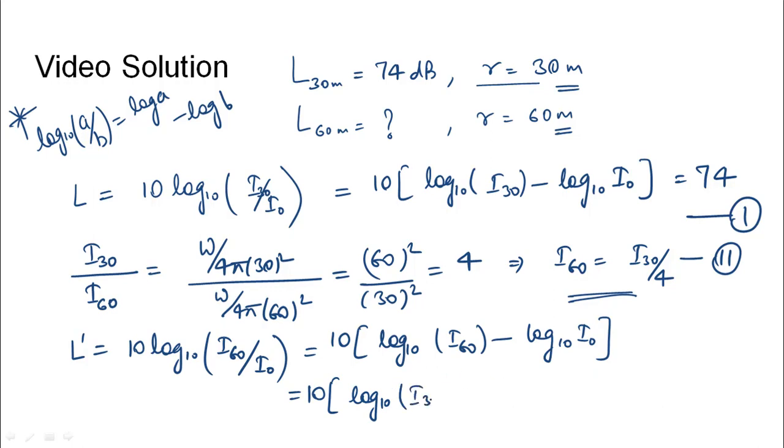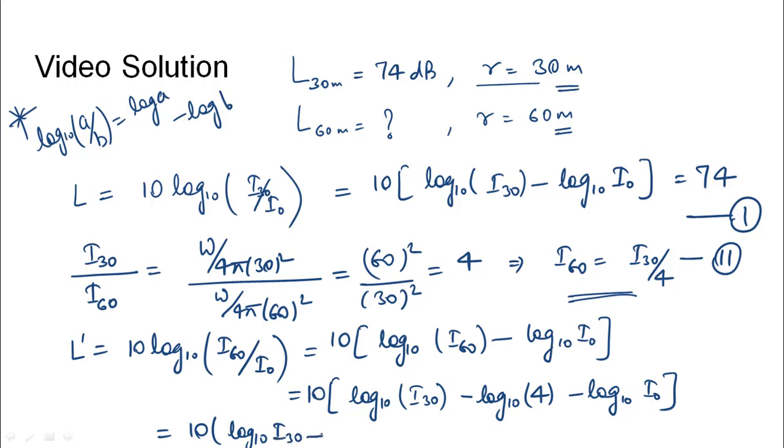So again we can expand that, log 10 I30 minus log 10 of 4 minus log 10 I naught. So this can be further written as 10 into log 10 I30 minus log 10 of I naught minus 10 times log 10 of 4.